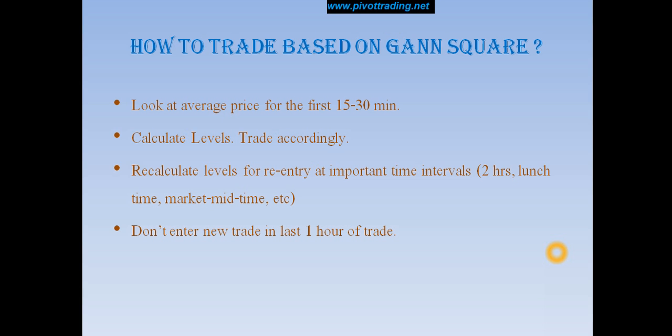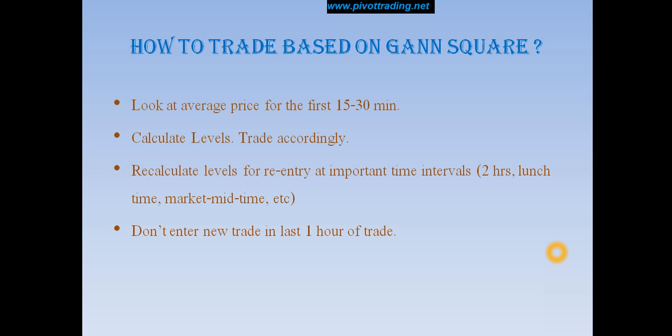Before I take you to the practical example, let me describe a few things about how we should trade based on the Gann Square of 9 in our intraday trading. The first and foremost important thing is the timing of when we should calculate the Gann levels. The ideal time is within 15 to 30 minutes of market opening.